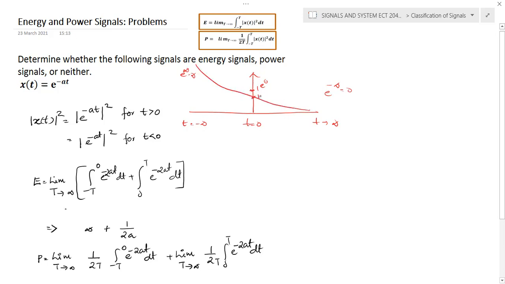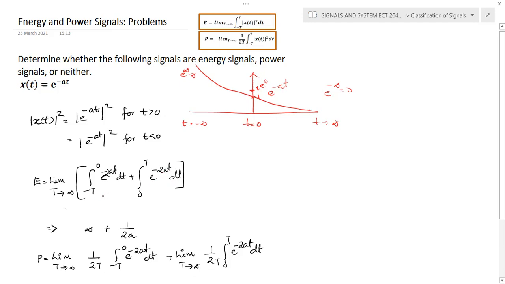So assume that this is 1, and e raised to minus at. It's a two-sided sequence. We are not multiplying with any u of t step signal. So it's a two-sided sequence. And when you perform the integration, make sure that you are writing two terms. One is from minus t to 0, it's e raised to minus 2at, and from 0 to t also, it's e raised to minus 2at.